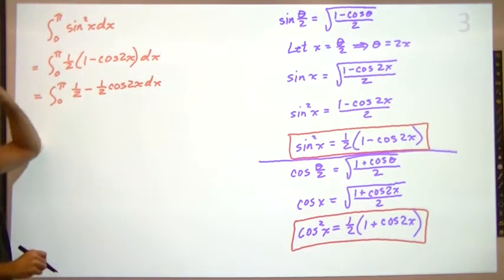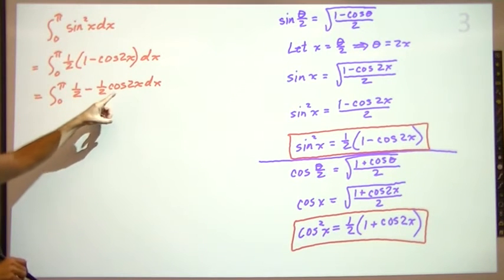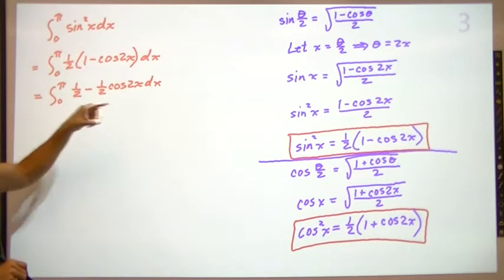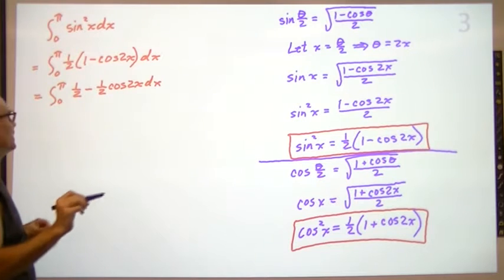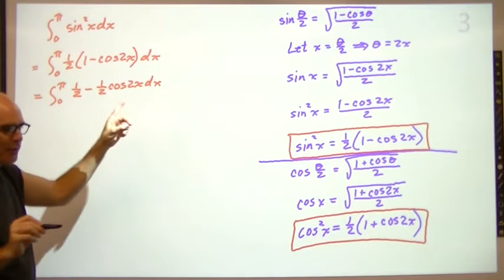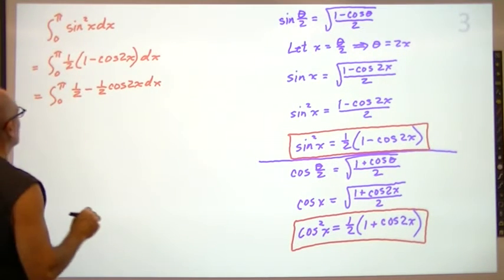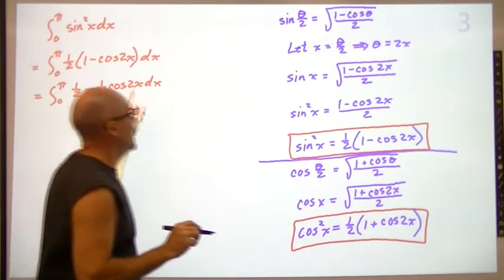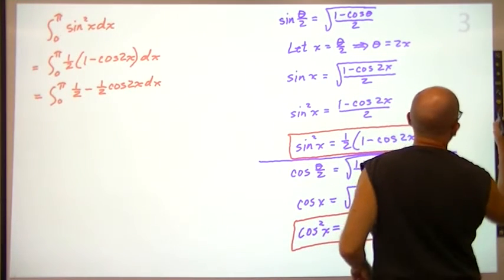Now, let's go through it formally first. There's a shortcut with this, but we'll just go through formally. What we're going to do is say, let u equal 2x.